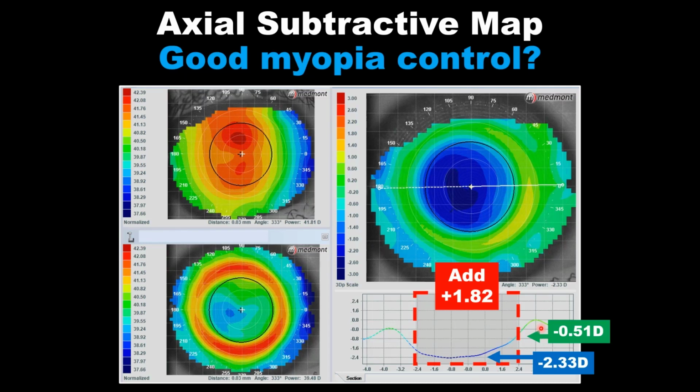In such a case, we want to ensure that we have pushed as much plus in this orthokeratology effect as we can. And 1.82 diopters would be considered reasonable, but is it meeting that ideal 2.5 to 3 diopter range that we might really desire or really have confidence that we're doing a good myopia controlling outcome?